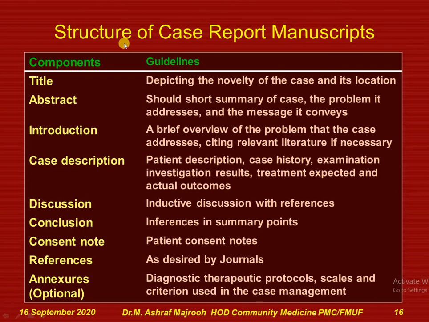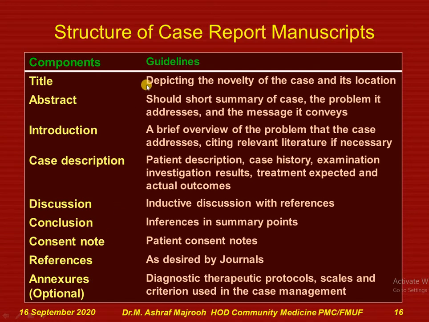Then for publication, there is a journal structure of a case report manuscript. However, every journal has its own instructions, but the components include the title, abstract, introduction, case description, discussion, conclusion, consent note, references, and annexures.